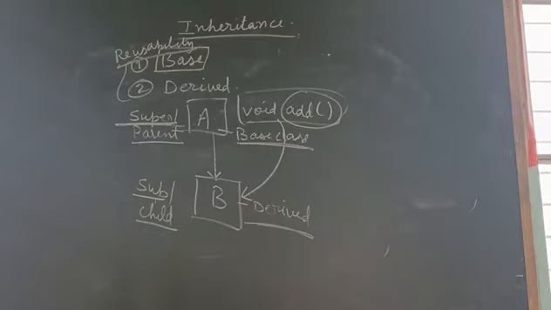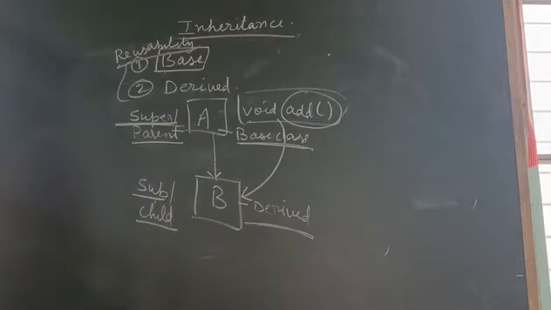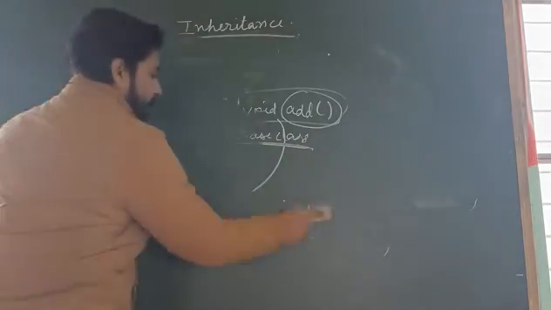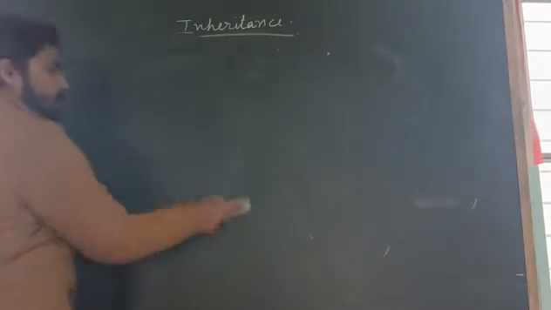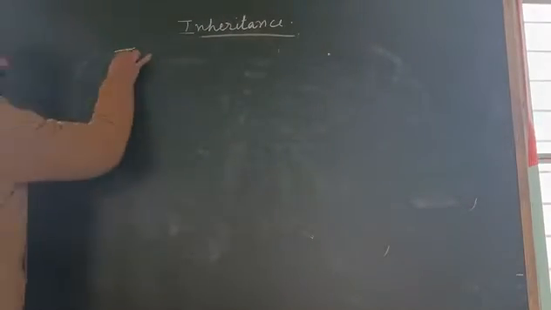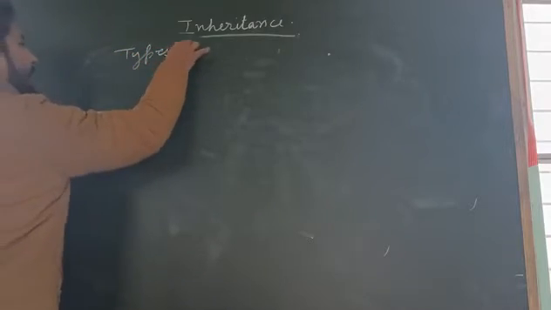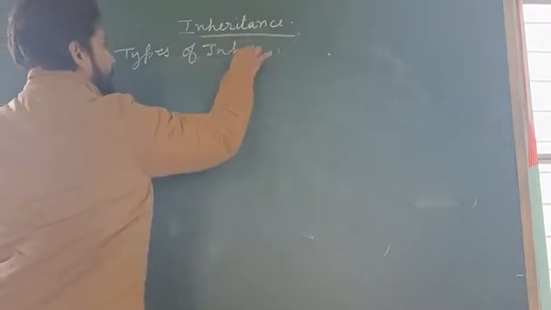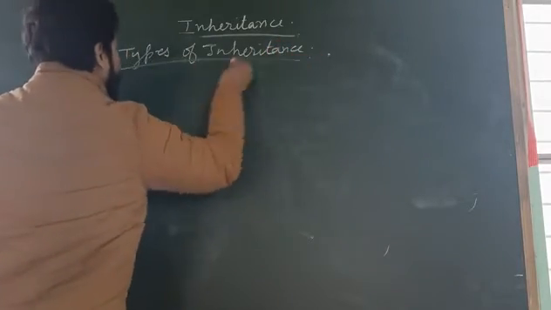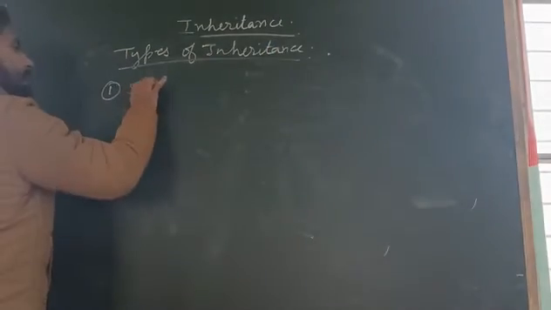Now, when we have the base class and the derived class, we have some types of inheritance also. So we will discuss the types of inheritance. The first is single inheritance.